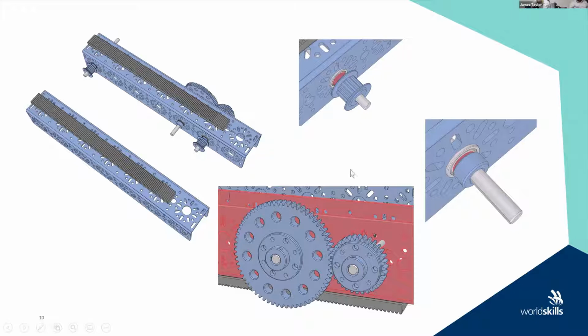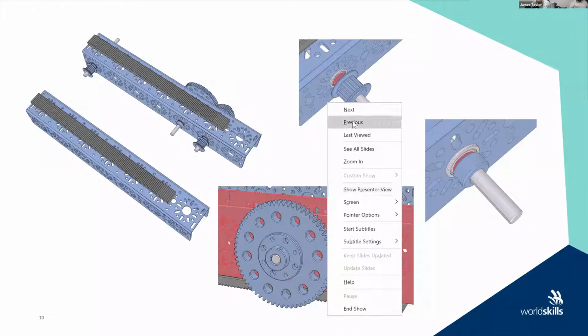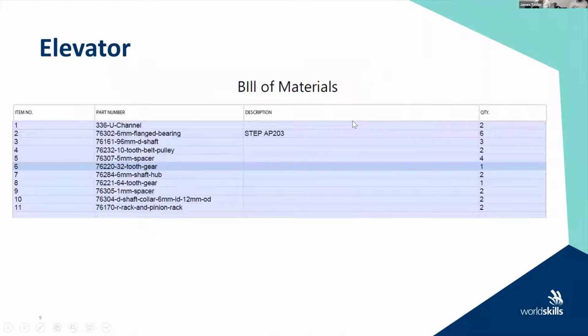If I go back 1 slide here, you'll see you'll have a 6mm shaft hub. You'll have some 1mm spacers in the system that I'll talk about, and you'll have a 10-tooth bolt pulley.